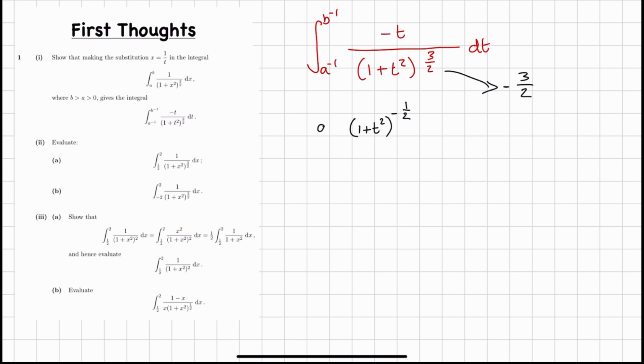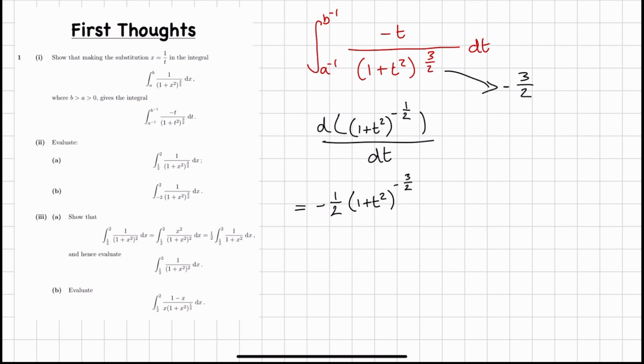So let's see what happens when we take the derivative of this. So we get negative a half, 1 plus t squared to the negative 3 over 2.